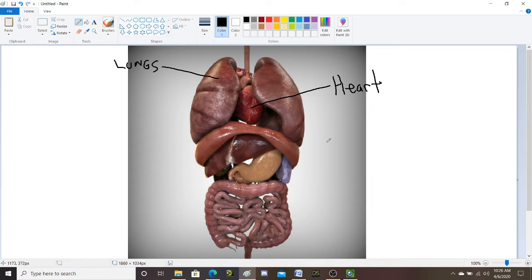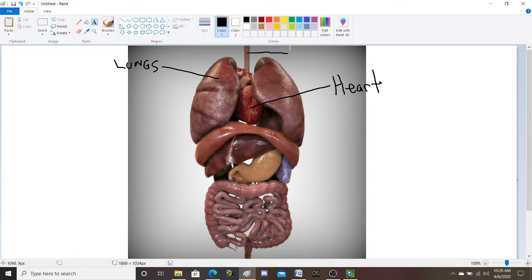To start with the list, it says esophagus. We're basically going to follow the pathway of food through our digestive system for part of this. The esophagus is next. So the esophagus is your food tube, right?